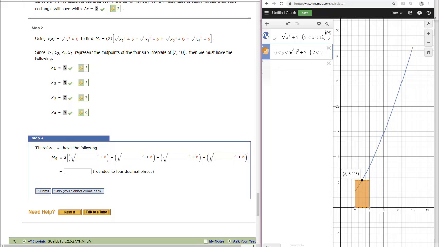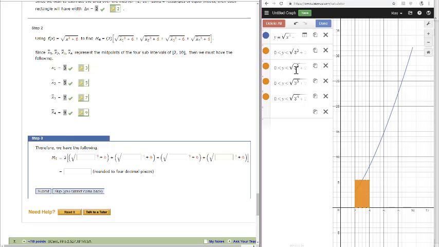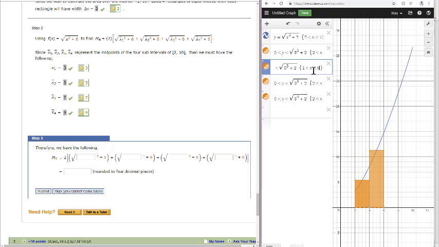Now we can continue on. I'll copy this 4 times, so I have 4 copies of it. The next point that we're going to put into the function is 5. And that one has an interval from 4 to 6.